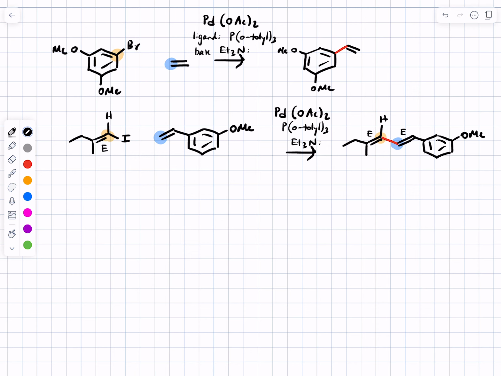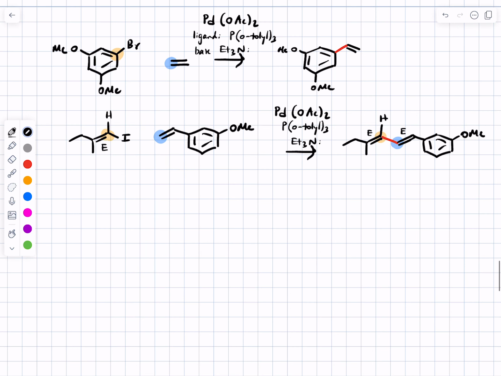There are a couple of different ways you could think of this happening, and I'll show you something. It's not in the text, and it's sort of beyond the scope of what's going on here, but it's thought that this is how the palladium 2 that you start with gets reduced to palladium 0 so that the catalytic reaction can start.